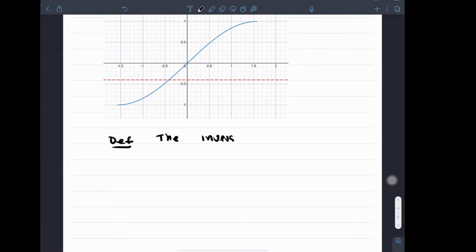The inverse function to sine, because it's 1 to 1, over your restricted domain, okay, over negative pi over 2 less than x less than positive pi over 2.